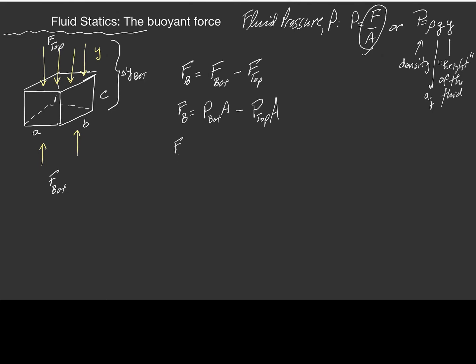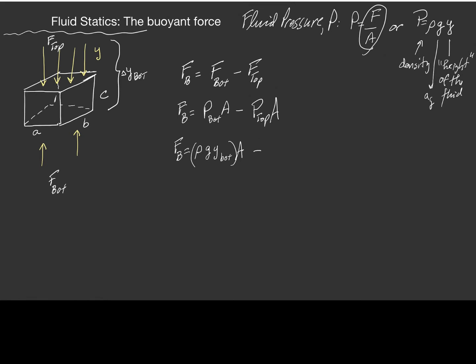All right, so now we have the buoyant force. It is equal to the density times the acceleration due to gravity times the y, and then this would be the bottom. It's still the bottom because all we did was take this P and expand that out a lot more. That's all we've done. Times the area minus, and we're going to do the same thing with this P here.